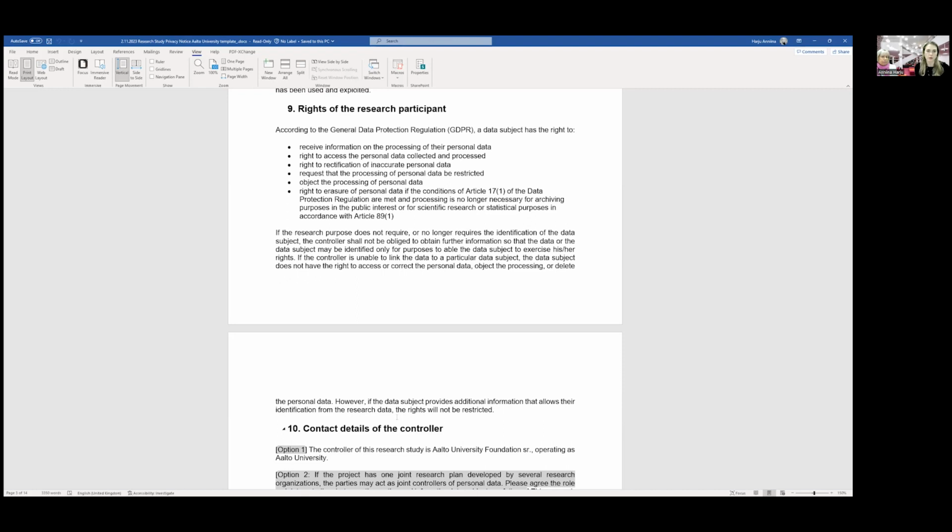So we can use everything that has been collected up until that point. And the second thing is that if we, for example, have already anonymized the data regarding the participant, so it's not possible for us to identify a person or try to find the personal data of the single individual participant, we don't need to do that.